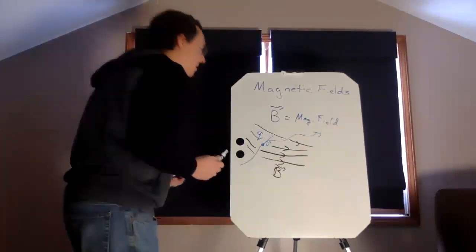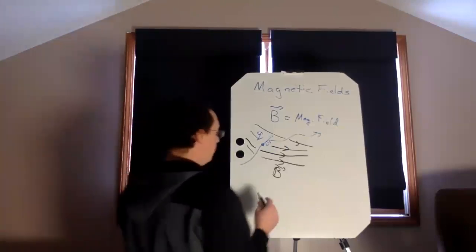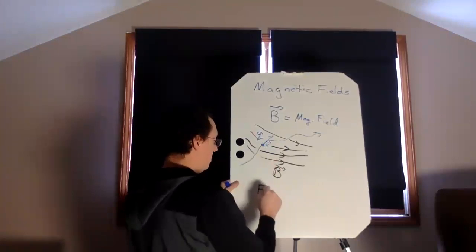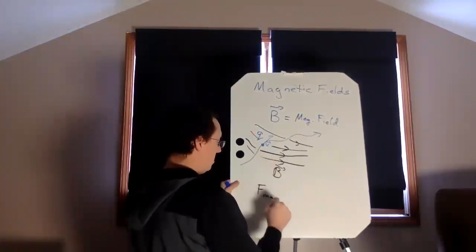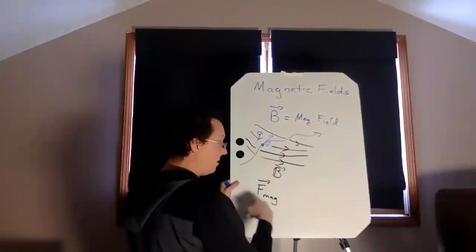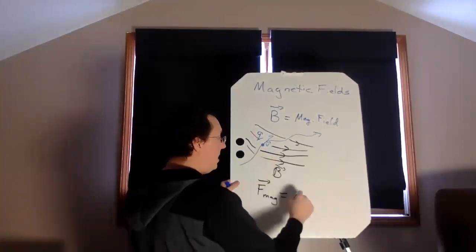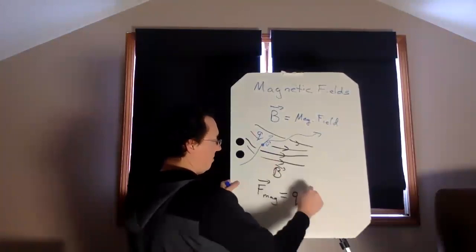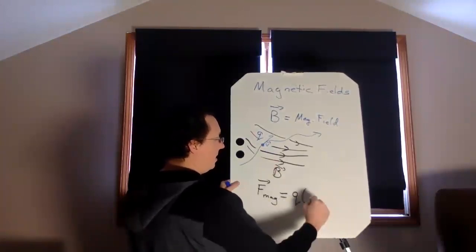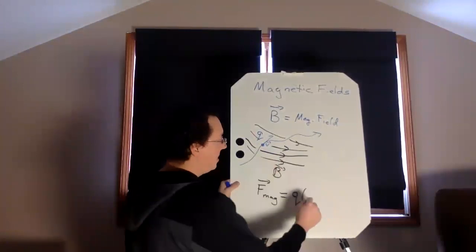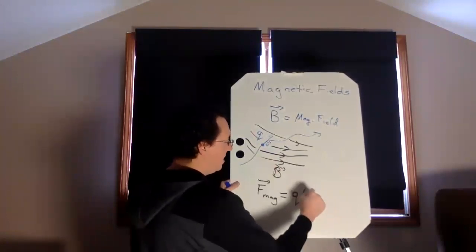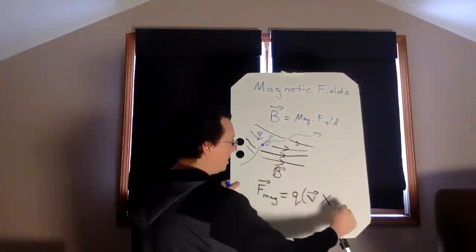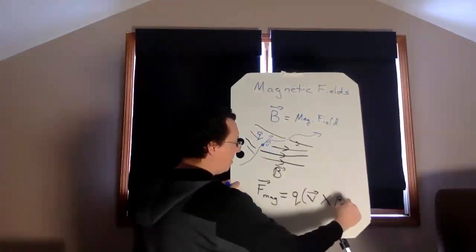The formula for the magnetic force law on a point charge, the force vector, is equal to the charge, positive or negative, times, and this is where it's weird, the velocity of the particle cross the ambient magnetic field.